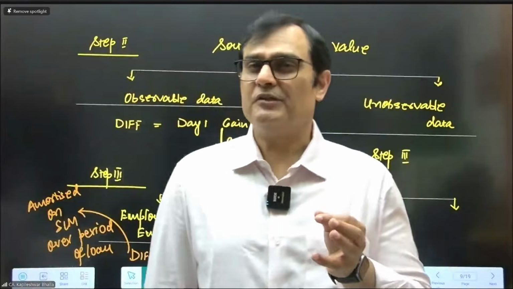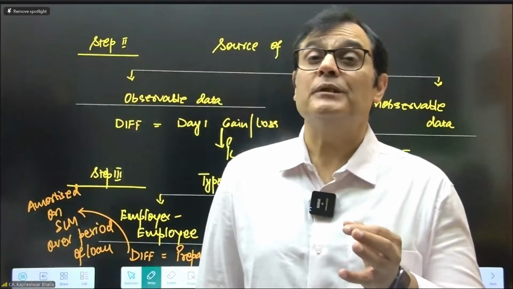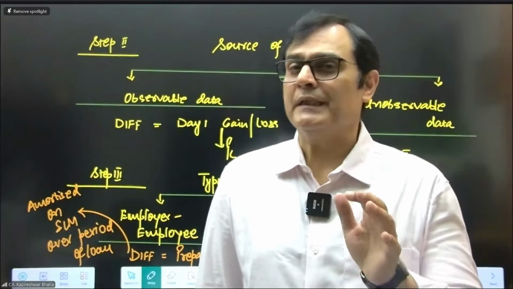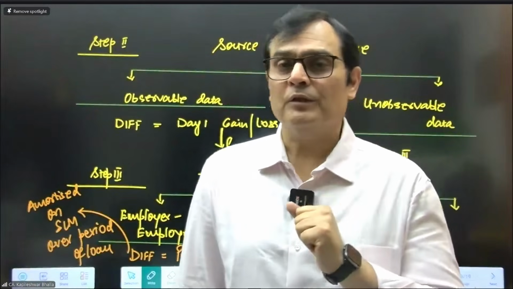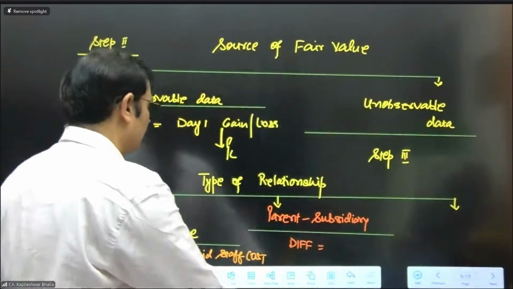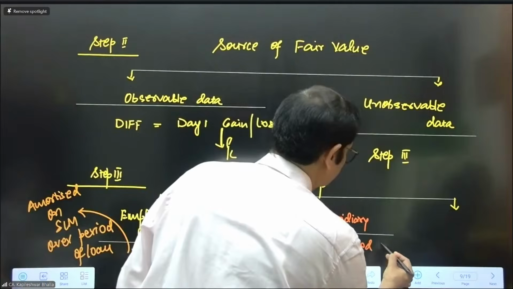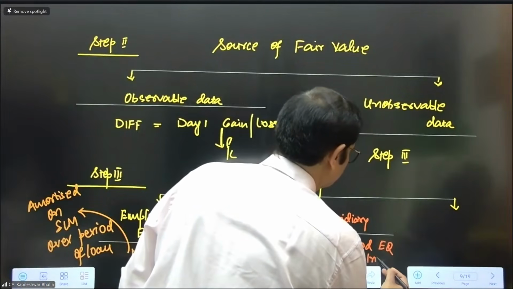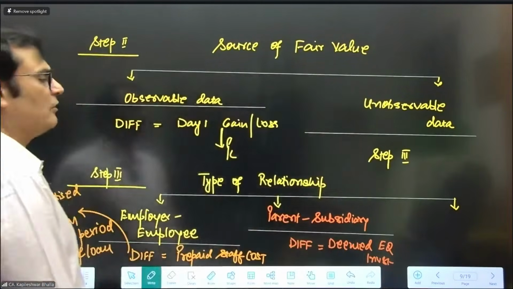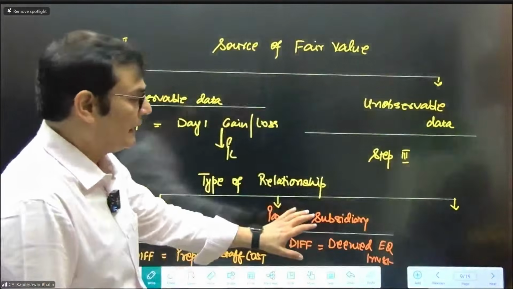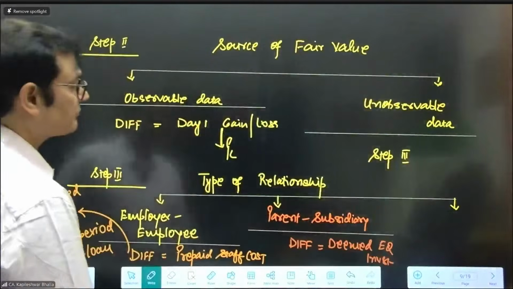Because the parent made an investment in the subsidiary, and in this case the CR is less than MR, this is going to become a deemed equity investment. No amortization of this amount is going to occur, so it would remain as it is in the financials.